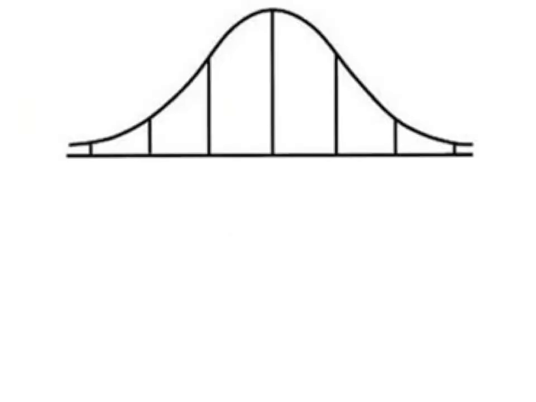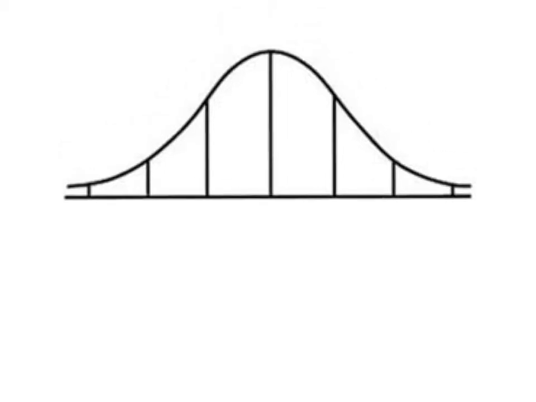For this problem, find the percent of data that falls between this one and this one. Your percentages are 34.1 in the middle two, and then 13.6 in the ones outside of that.